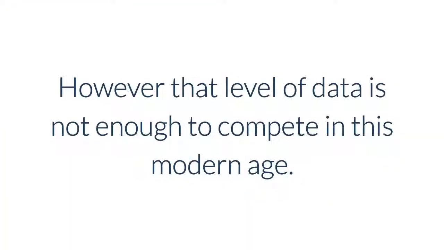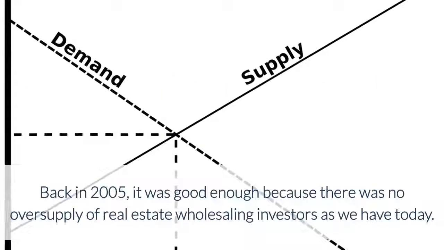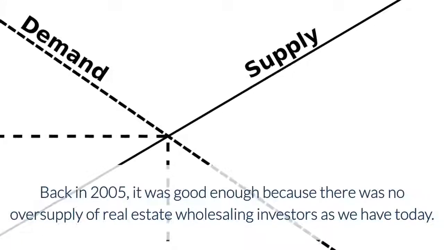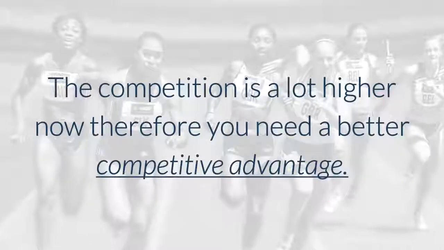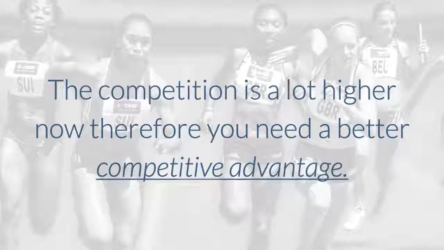However, that level of data is not enough to compete in this modern age. Back in 2005, it was good enough because there was no oversupply of real estate wholesaling investors as we have today. The competition is a lot higher now, therefore, you need a better competitive advantage.